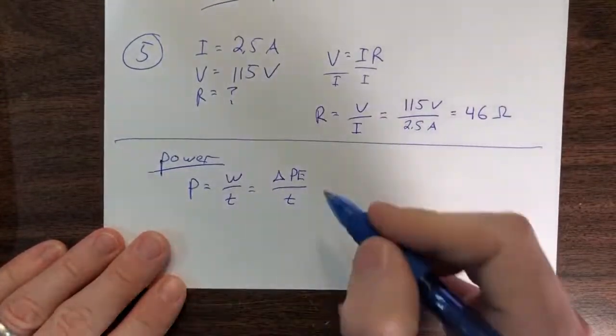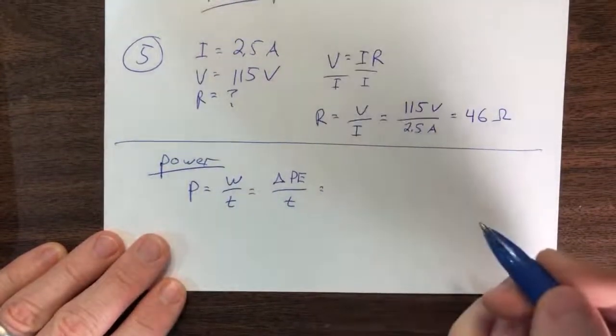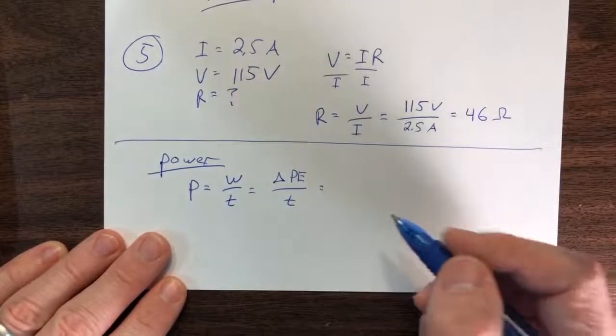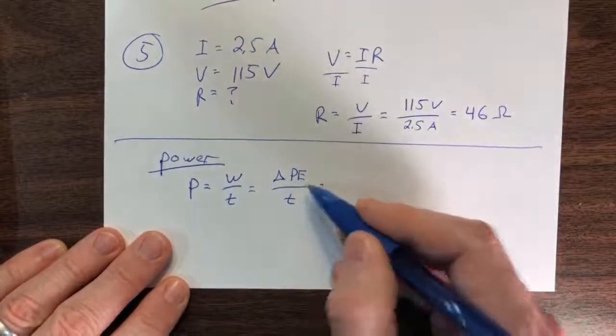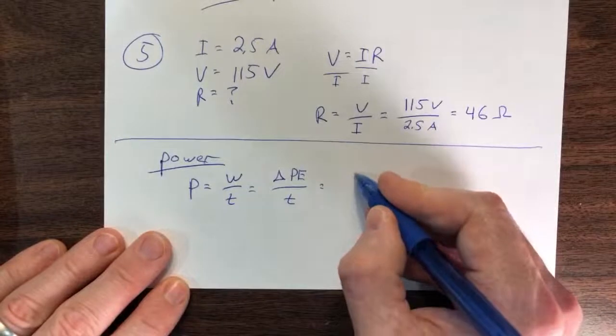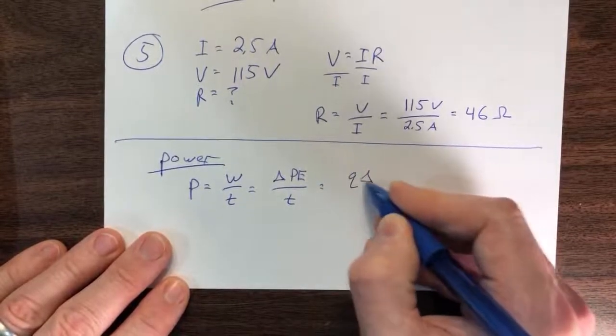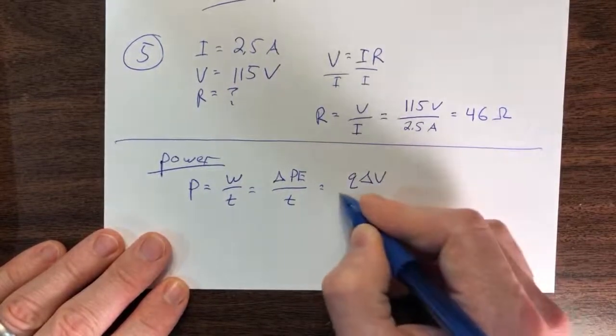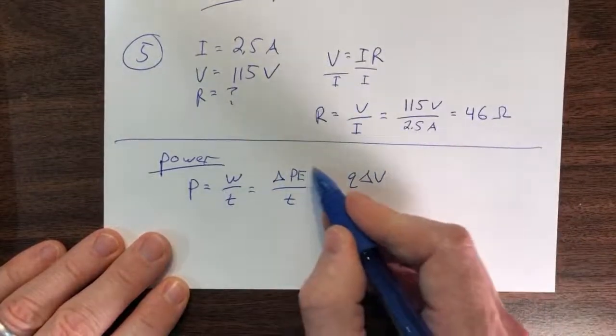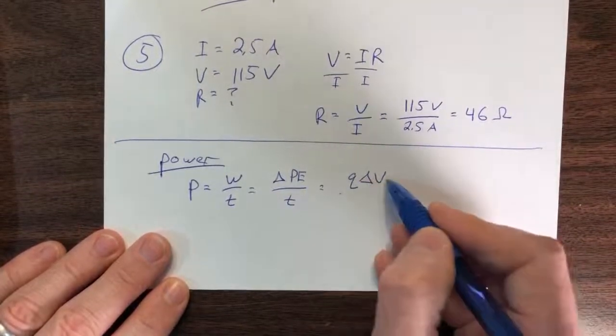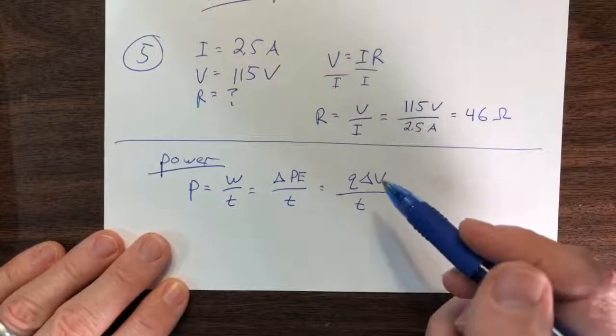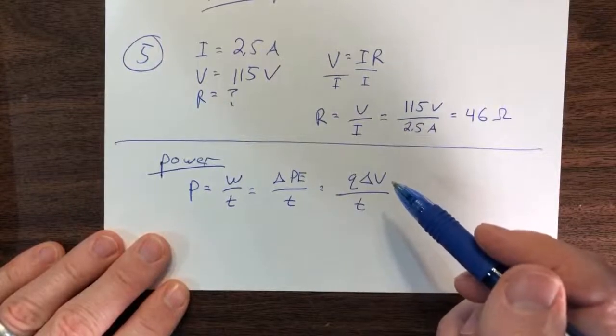Now we can look at potential energy in general for your electrical things, and a change in potential energy is going to be equal to Q, the charge, times the change in voltage.